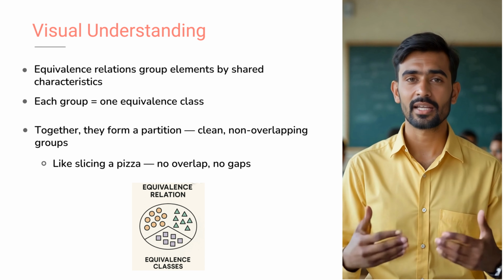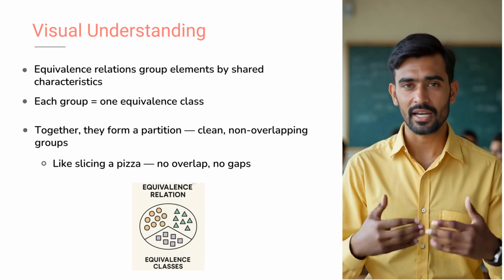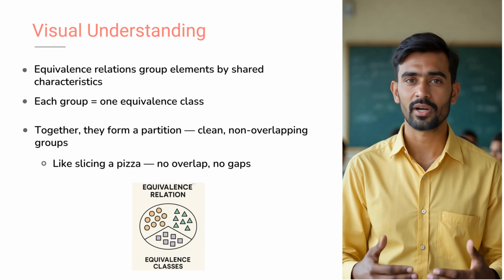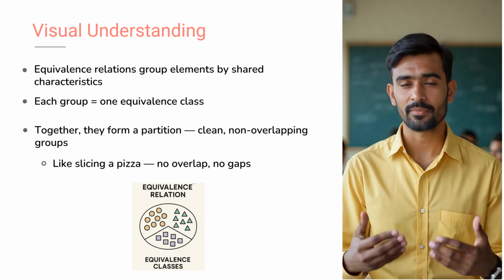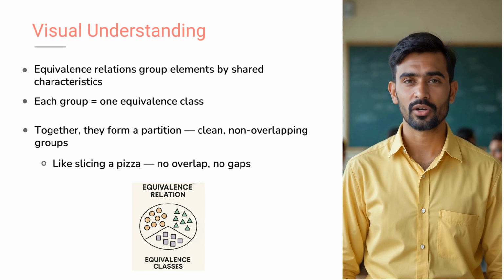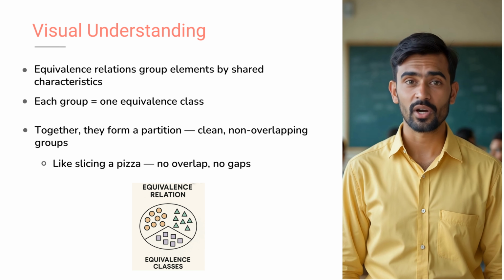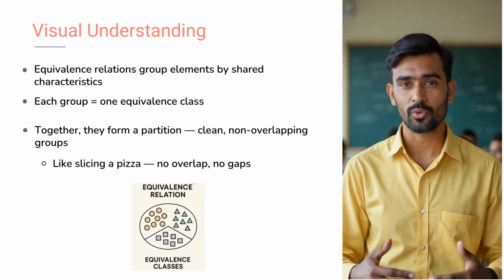The whole set breaks down into these cleanly separated pieces, like slicing a pizza into perfect slices with no overlap and no leftovers. This idea of partitioning helps us organize data, solve classification problems, and even underpins ideas in modulo arithmetic, geometry, and more.